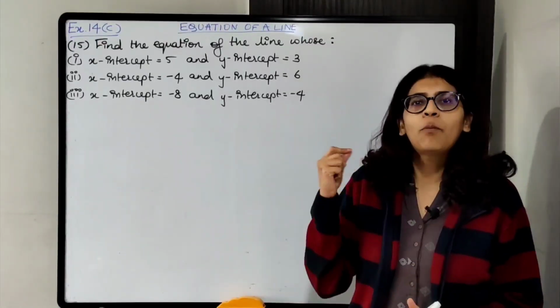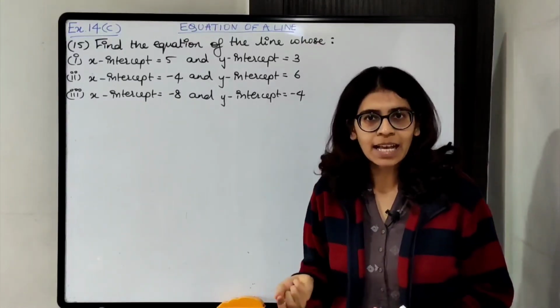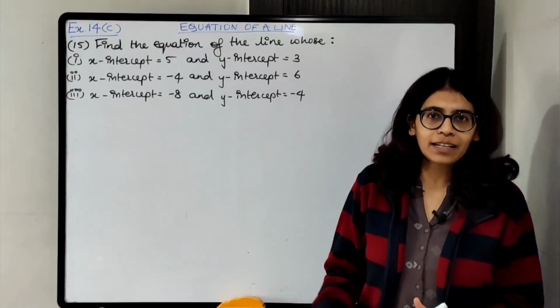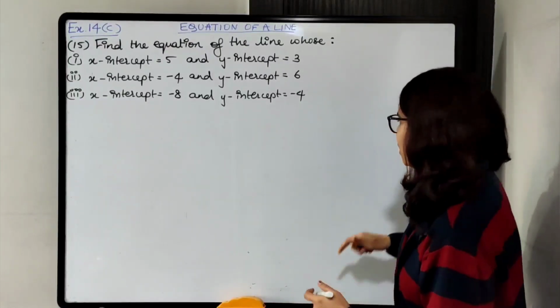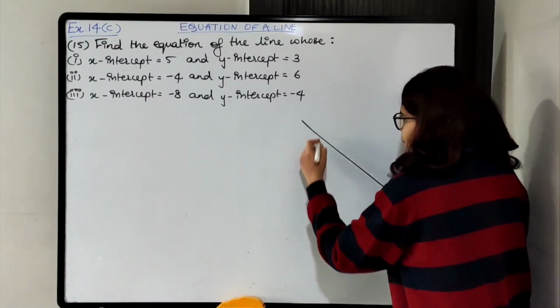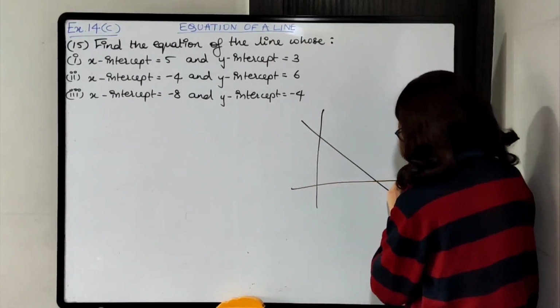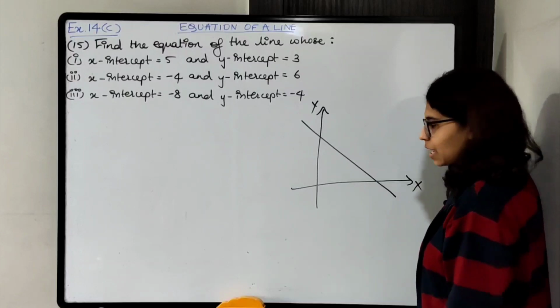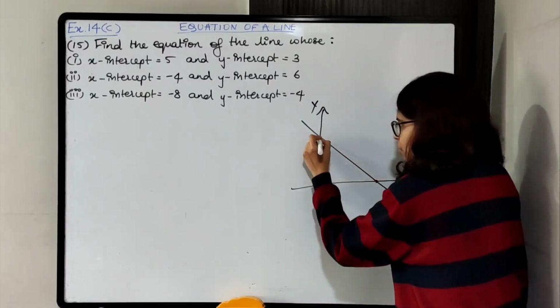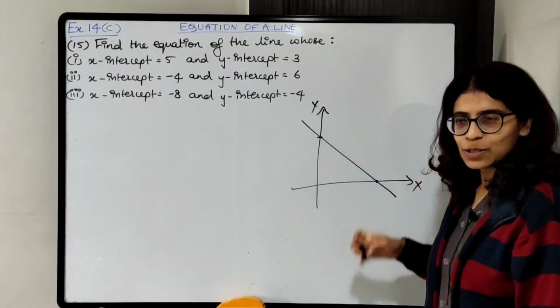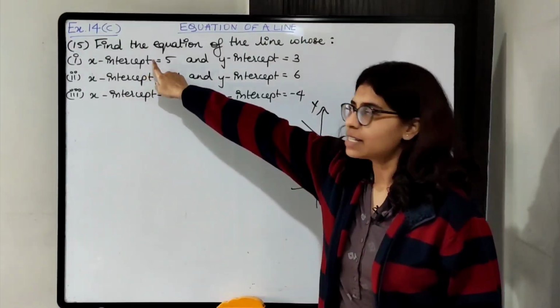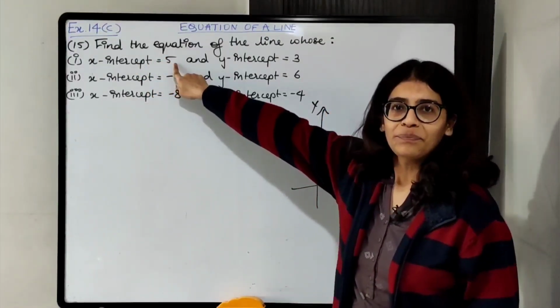X-intercept is nothing but the point where the line cuts x-axis and y-intercept is the point where the line cuts y-axis. So there is a line and it is cutting x-axis and y-axis at certain points. So this line is cutting x-axis, that is x-intercept is given.